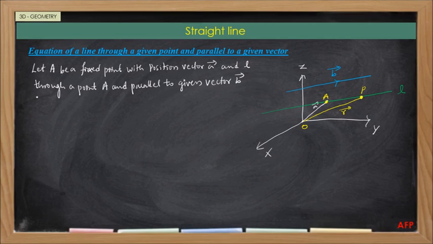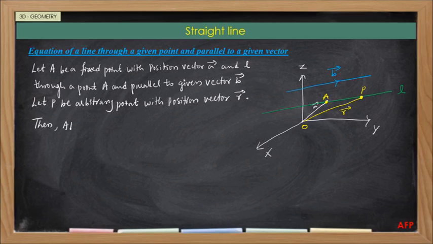Let P be an arbitrary point, also called a moving point, anywhere on the line, with position vector r.